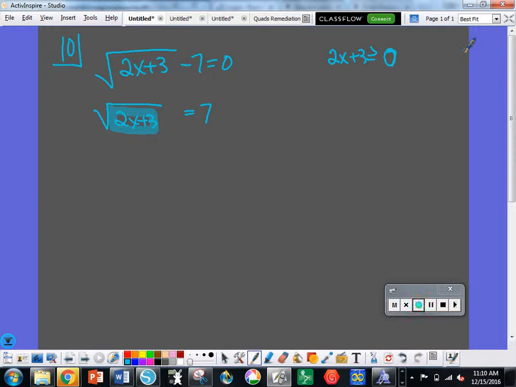Now if I were to solve that, that means 2x has to be greater than or equal to negative 3, right? Which means x has to be greater than or equal to negative 1.5. That's the domain. Do we have to look at the 7? Will this number ever be less than 0? No. So I don't even have to look at that part of the equation. You only have to look at this part if there's a variable out here.